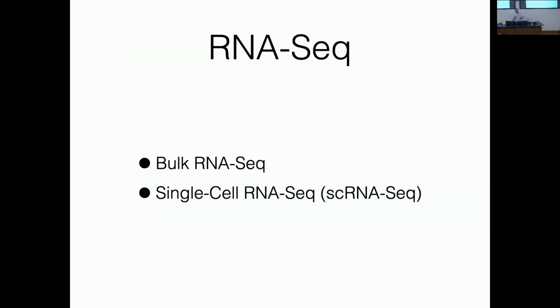Bulk RNA-seq, which is what we are going to be focusing on today, means you're taking a whole sample with a collection of usually millions to billions of cells, and you're grinding it up, extracting the RNA, and then sequencing that.